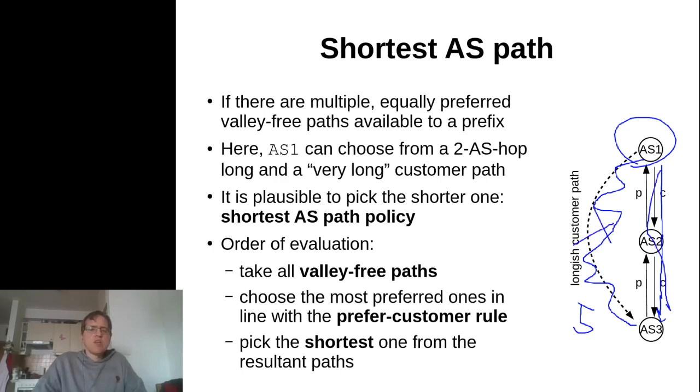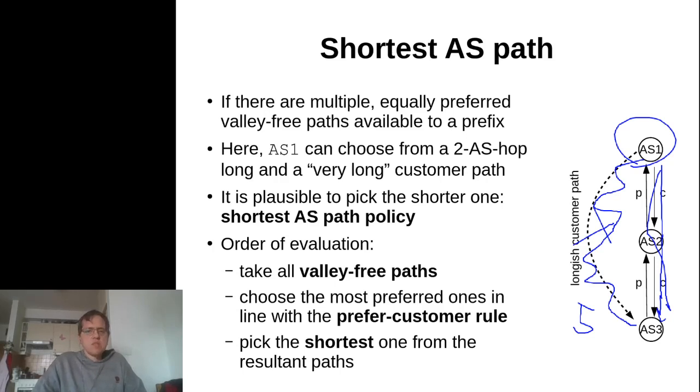And the order of evaluation in internet policy routing is the following. Take all the valley-free paths available to a router, choose the one that is most preferred by the preferred customer rule, and if you are still left with multiple equally preferred paths by the preferred customer rule, then pick the shorter one.